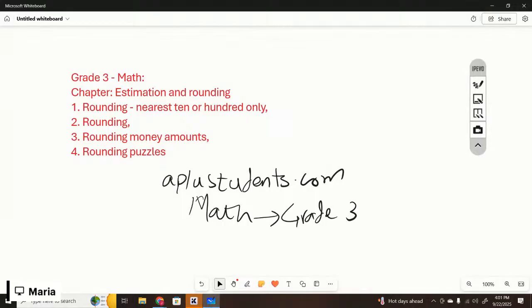The lessons we're going to cover today are rounding nearest 10 or 100 only, rounding money amounts, and rounding puzzles.